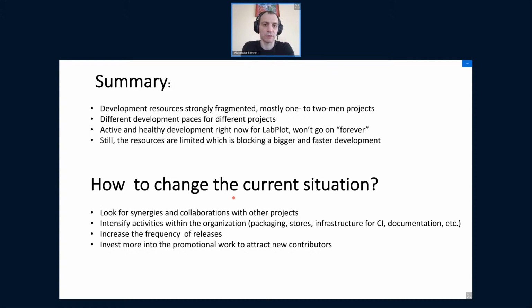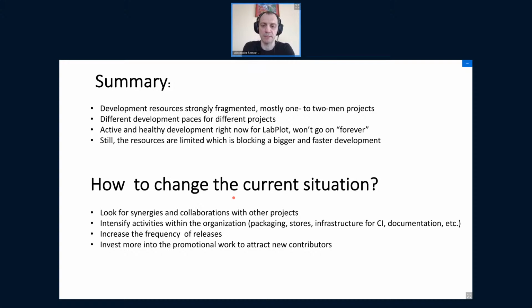So what we are doing right now: we are looking for synergies and collaboration with other projects. I'm not referring anymore to the projects I mentioned before, because here the situation is clear. They are either not active anymore, or we already reached out to them and there was no big interest to collaborate. So I don't think we are going to reach out to these guys again.